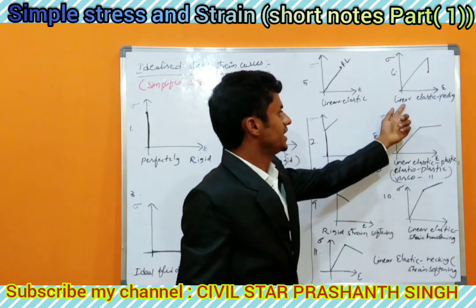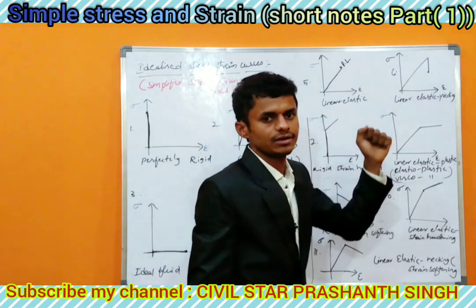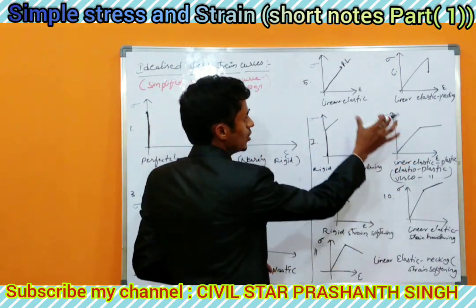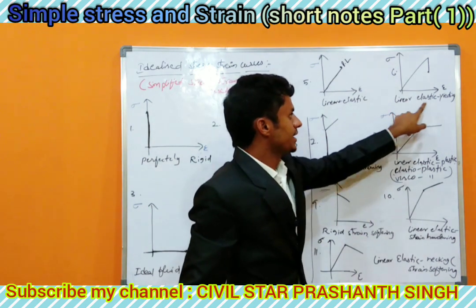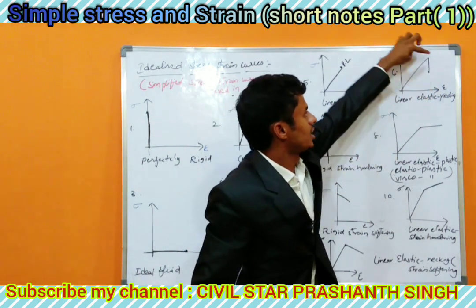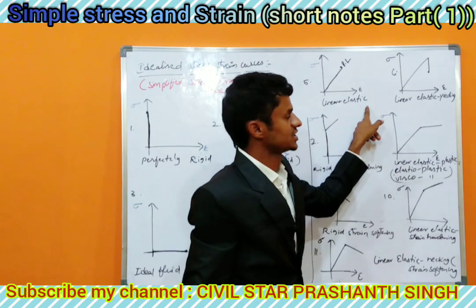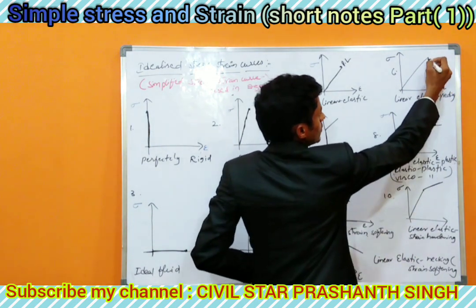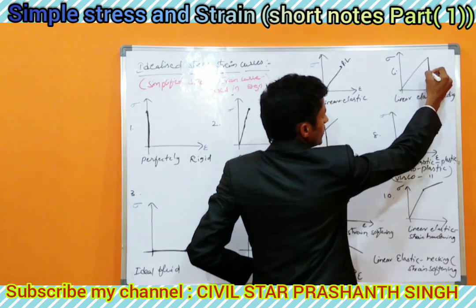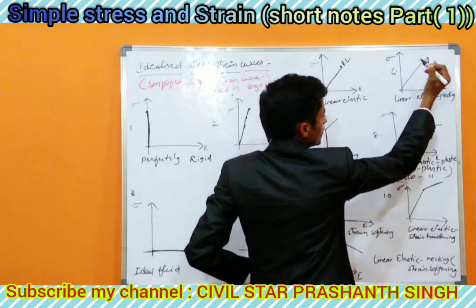Next one, linear elastic yielding. How to remember it? Up to this point it is linear elastic. Next, yielding: we will get a drop here. In this way you can remember this graph.